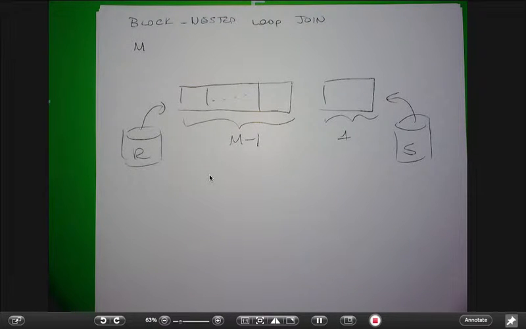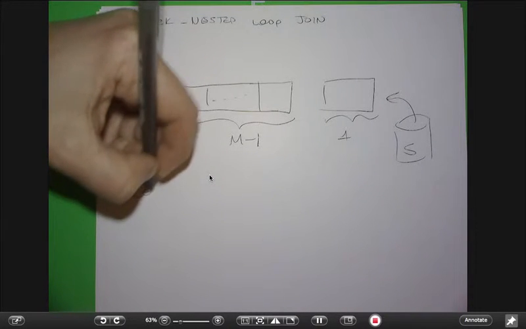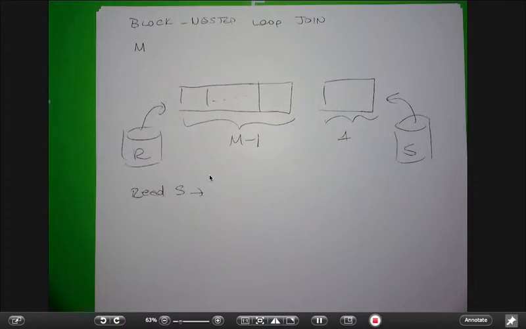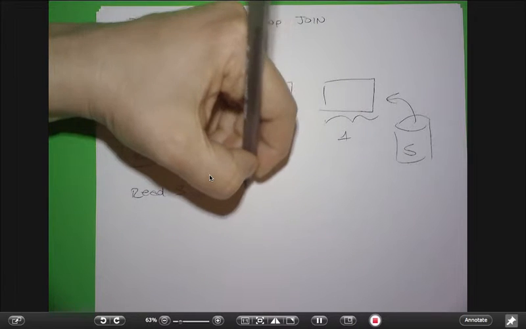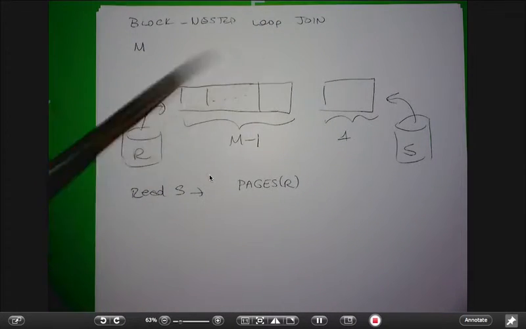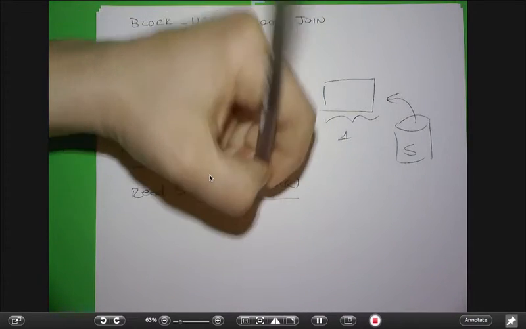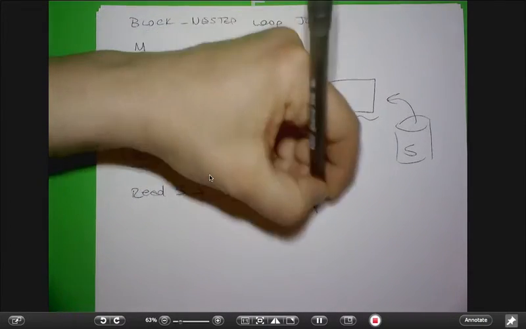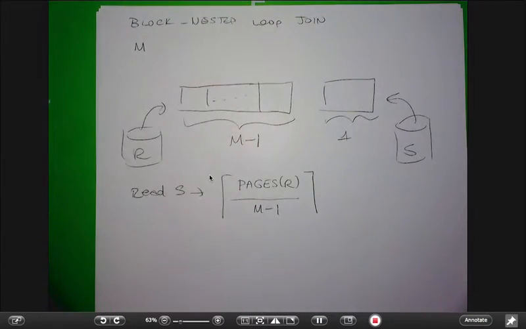So that means I actually have to read S fewer times, because instead of reading 1 block of R, I'm reading m-1 blocks. So now I need to read S as many times as it takes to fill this one. So pages of R divided by m-1, ceiling, times.